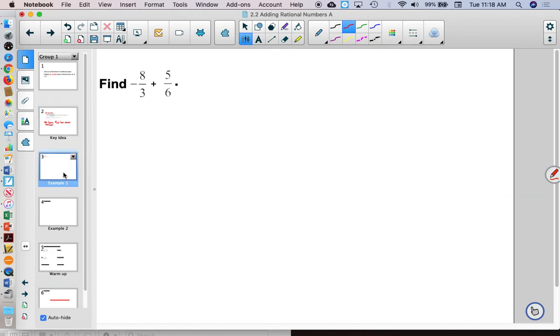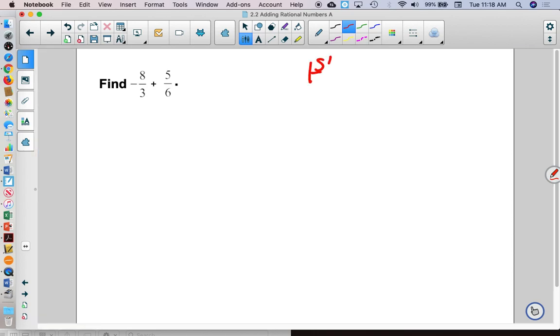With that being said, let's add negative 8/3 and 5/6. What must I do first? Common D. First, common D. And I'm going to go with the smallest one that I can find.